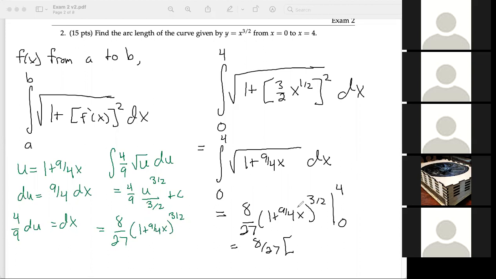The 4's cancel and we get 10 inside the exponent. So this is 10 to the 3/2. And then if we put in 0, we just get 1 on the inside. 1 to a power is 1. So we only get the 8/27, or just a placeholder 1 if I factor that out. And so this is 10 to the 3/2, not 32nd power.